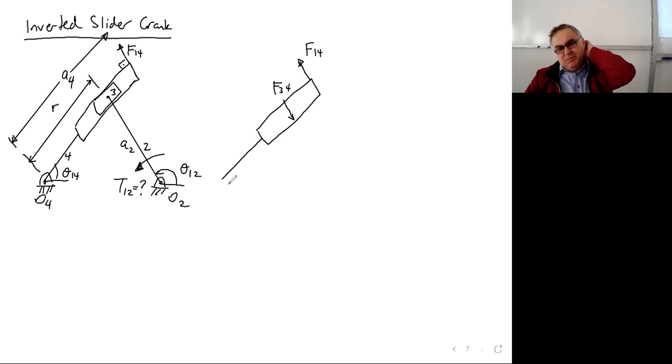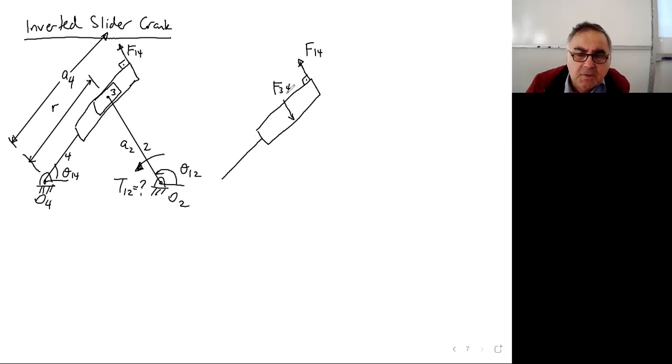Well, the force acting on link four. F14 is like here, perpendicular. F34 has to be perpendicular because it's a normal force.